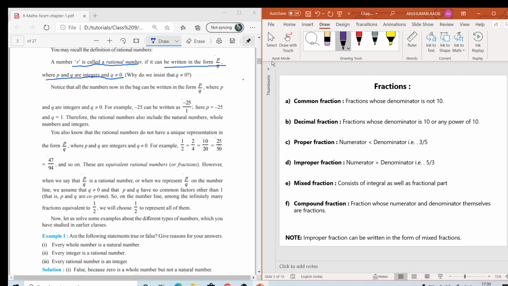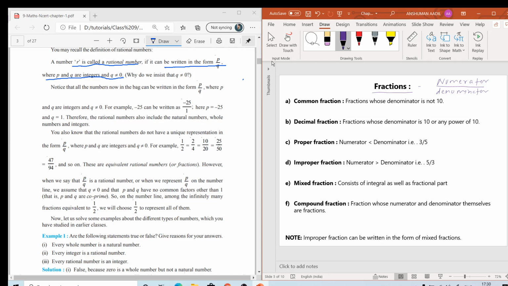So what are fractions? A fraction has two things, a numerator and a denominator. The upper part of the division is called the numerator and the lower base is called the denominator.